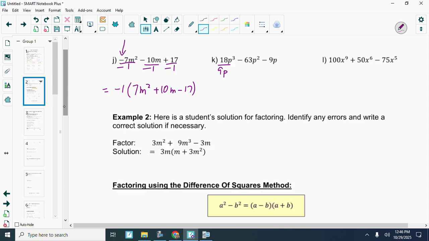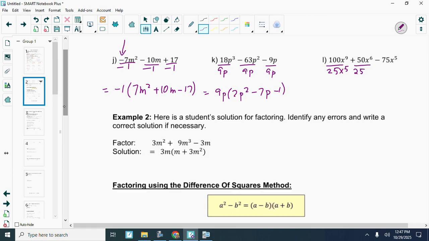This one was 9p. And the lowest exponent is x to the power 5.